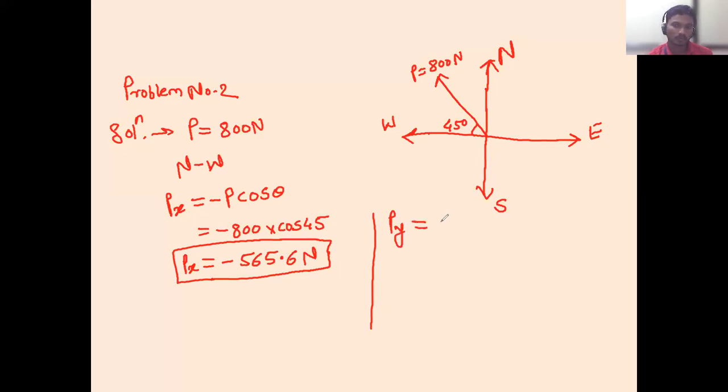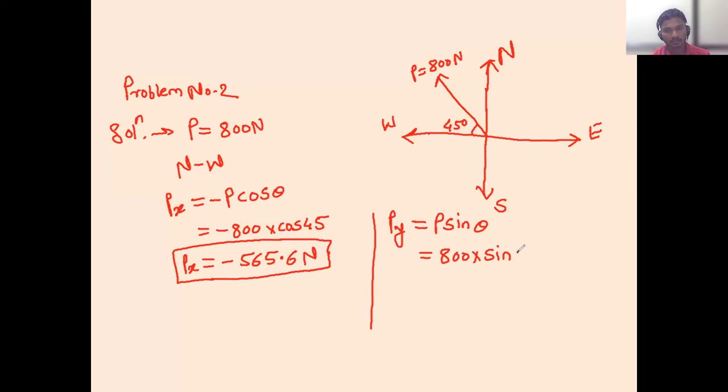Further, who will tell the formula for the y component? P sin theta. Somebody has told minus, but it should be plus, so I will write plus P sin theta. Next, what is the value there? 800, and what is the value of theta?